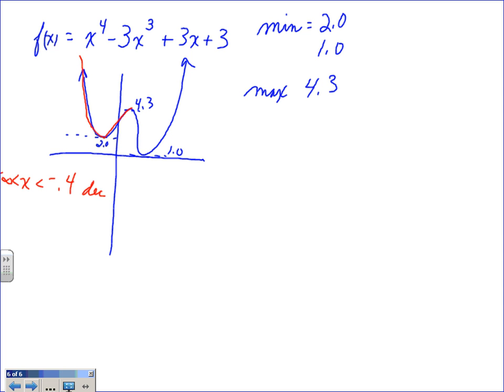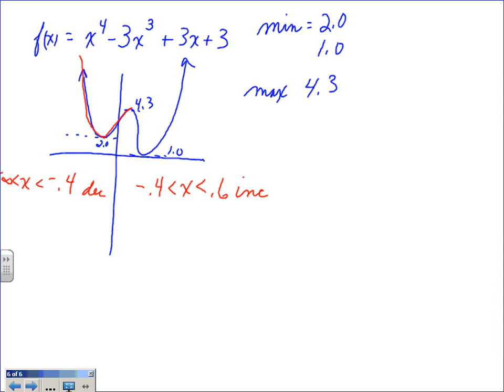When x is between -0.4 and 0.6, this function is increasing, right?